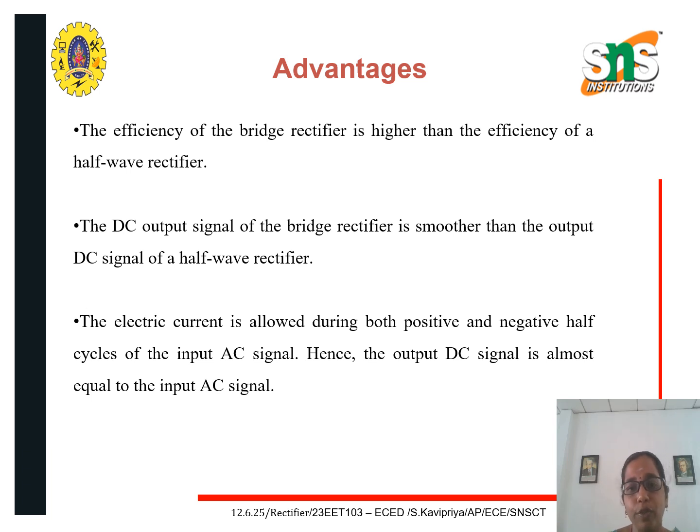The output we get here is the same as that of the full wave rectifier, but the important advantage compared to the full wave rectifier is that the center tap transformer is avoided. Here both the positive and the negative halves are rectified.